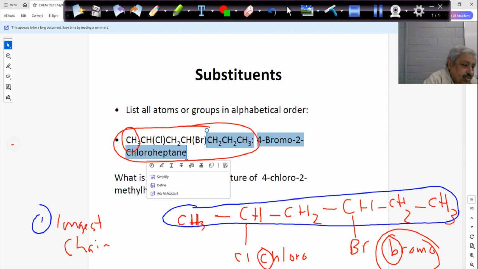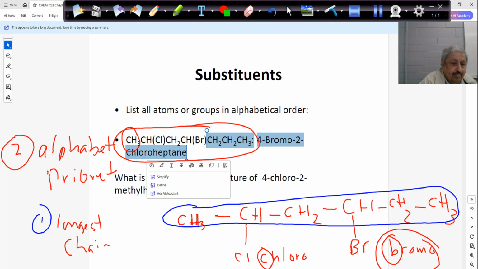Number two, you have to look at the alphabet priority. The alphabet priority means whatever the arrangement, A will come before B, B before C, C before D, and so on.